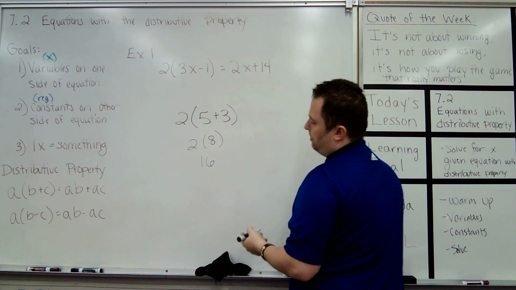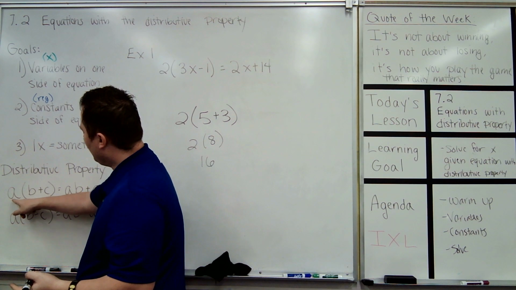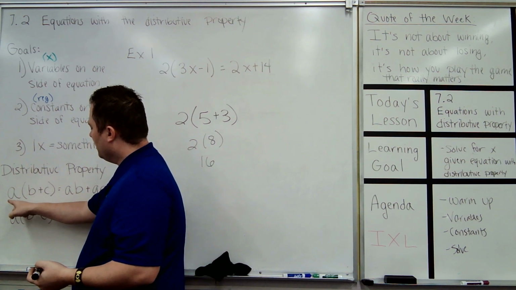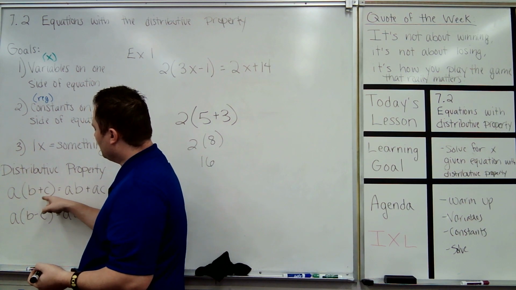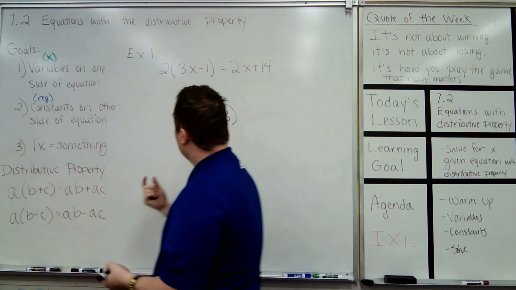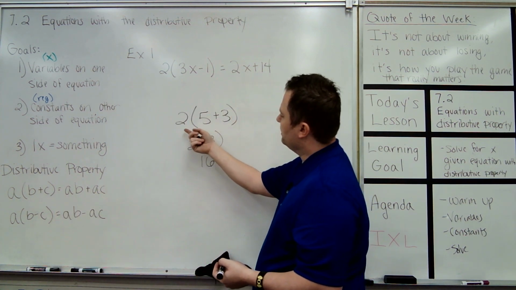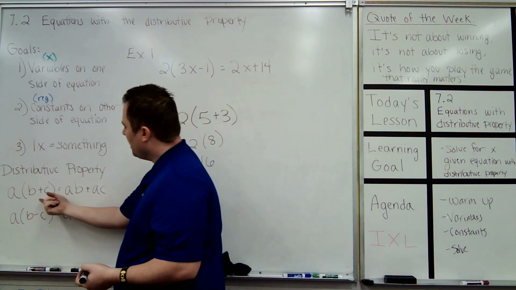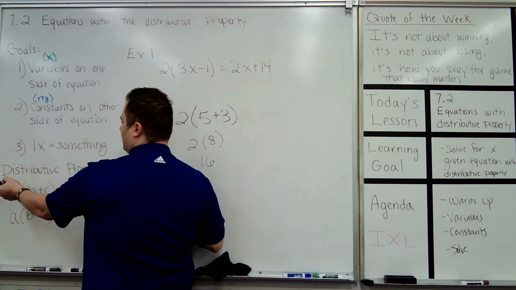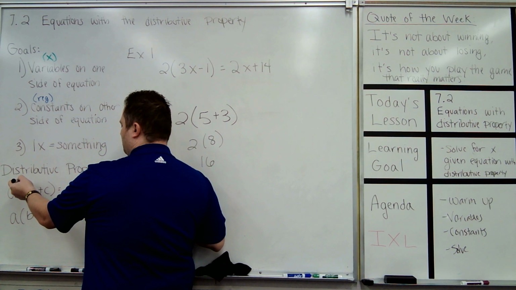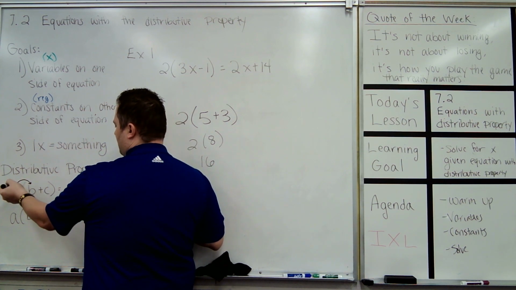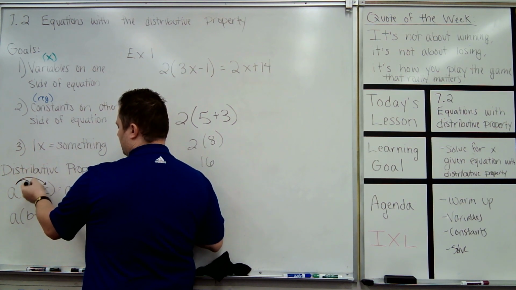So if I have A, B, and C, which are numbers, in this exact format, A times B plus C, where two numbers are being added together and that's being multiplied by a number, I can rewrite it as A times B plus A times C. It's basically saying take A and multiply it by the first number, added to A times the second number.